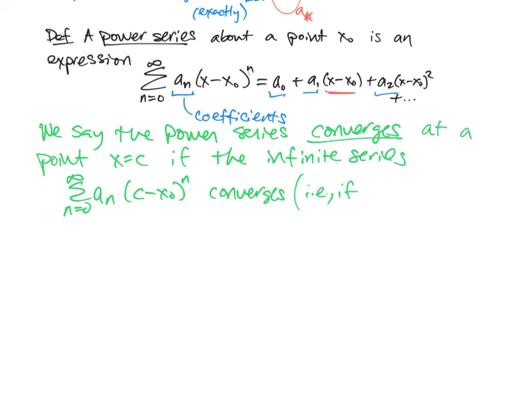Another way to say that is if the limit as big N goes to infinity of the partial sum from n equals 0 up to big N is finite. So if you add up the first N numbers and then the first N plus 1 numbers and then N plus 2 and so forth, you get a sequence of numbers which are separated by commas instead of plus signs.